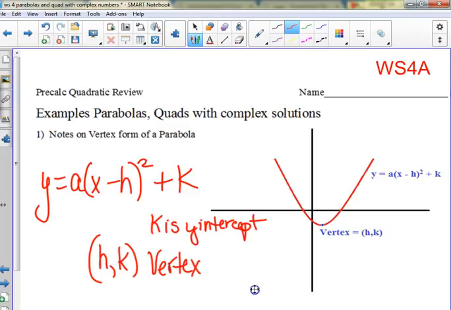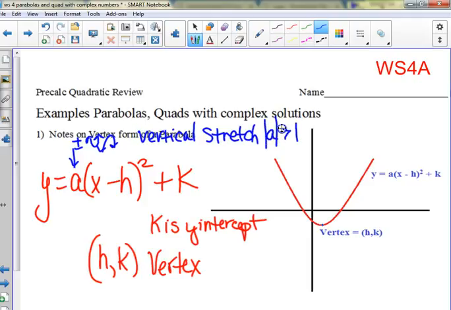What does A do? The sign plus or minus tells you whether it opens up or down, right? And it's also the vertical stretch or shrink. If the absolute value of A is greater than 1, so what would a 2 there do? Or a negative 2?